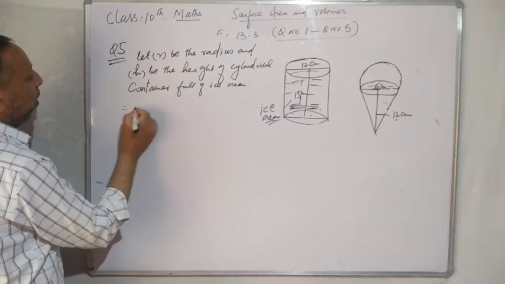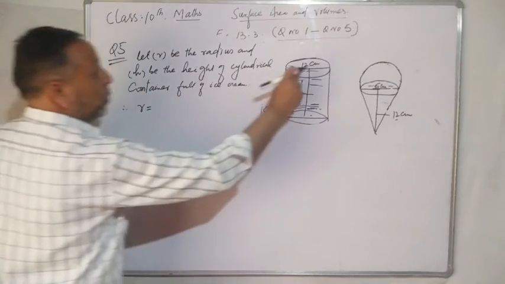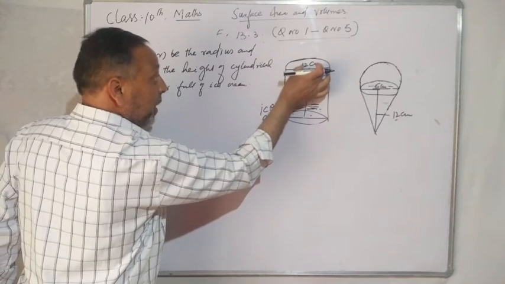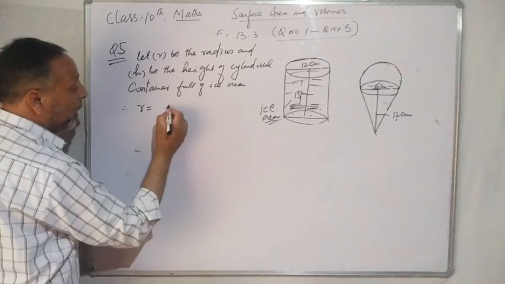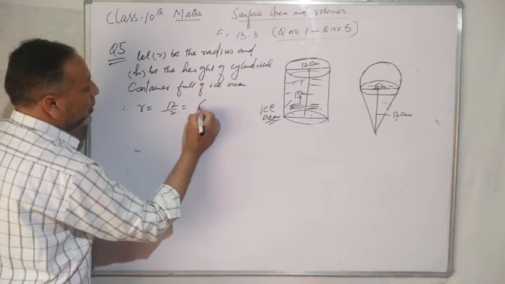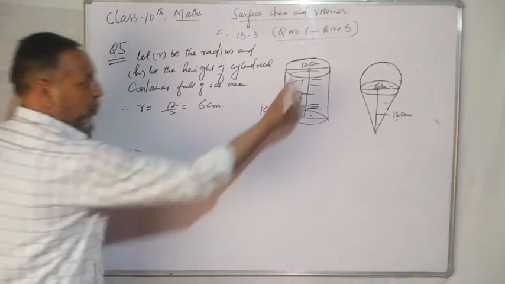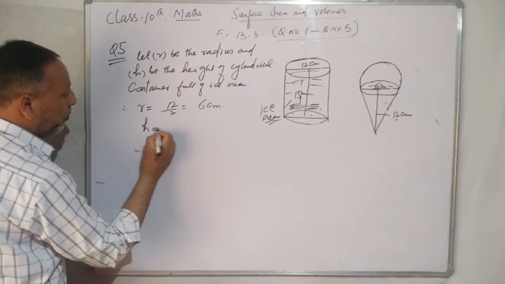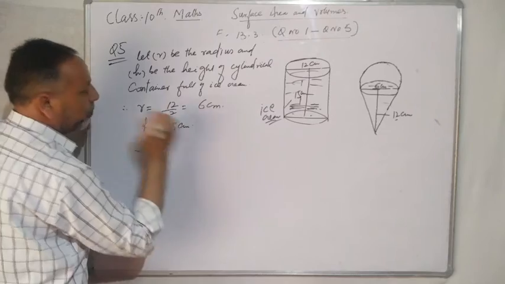So therefore here R is equal to radius. Since we have been given diameter, यहाँ diameter दिया गया है 12 centimeter, तो radius हो गया diameter divided by 2, that means 6 centimeter. और इसकी height h वो है 15 centimeter.